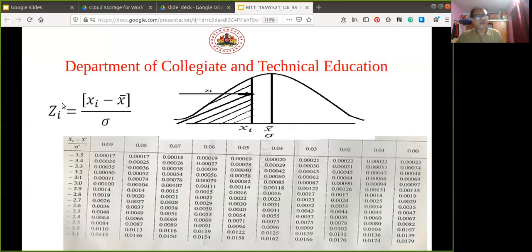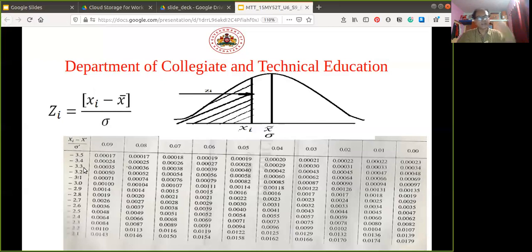Now when you put the value of xi, x bar and the standard deviation, you will get the value of zi. That value of zi you need to find from this table. So zi is xi minus x bar divided by the standard deviation.